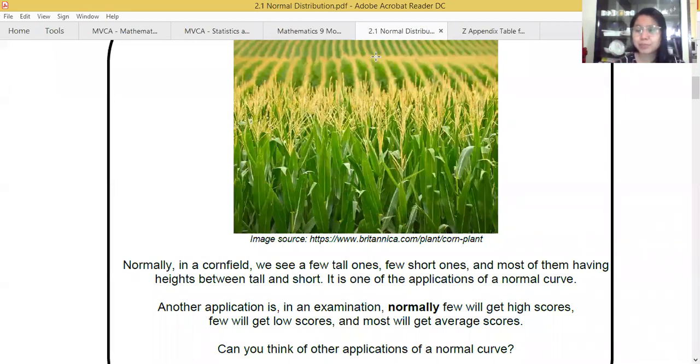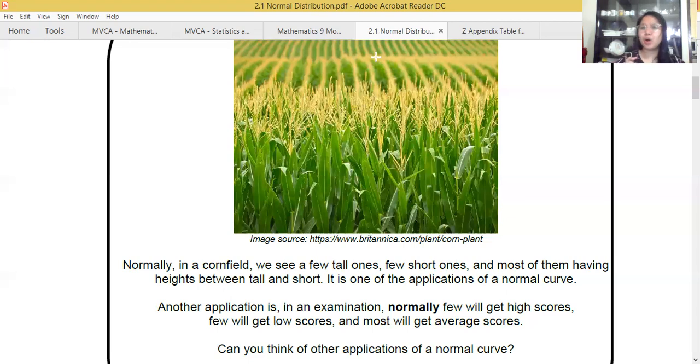Or for example, if you take an exam in stat and prob, they say it's normal that few will get high scores, few will get low scores, and the majority are in the average. Or you might ask me, ma'am, is it possible that in a board examination, everyone passes? I should say no, because normally, that's what we call normal distribution.